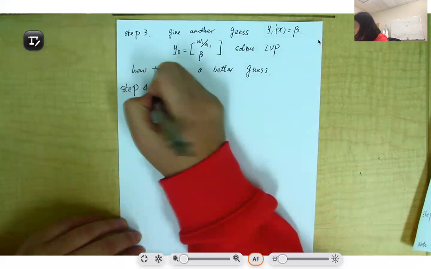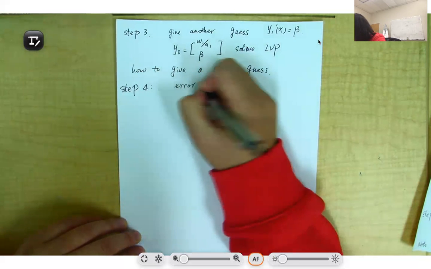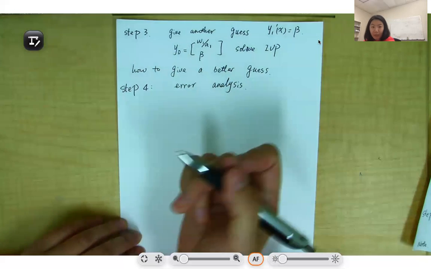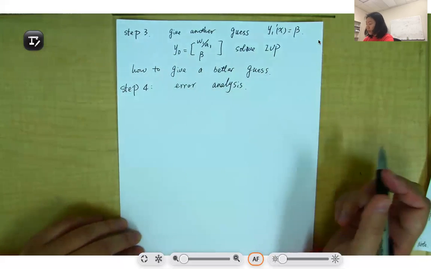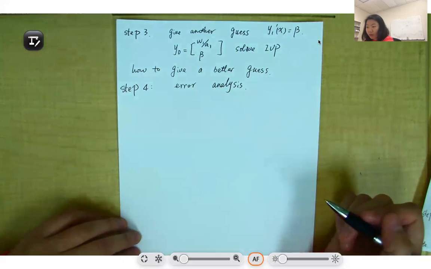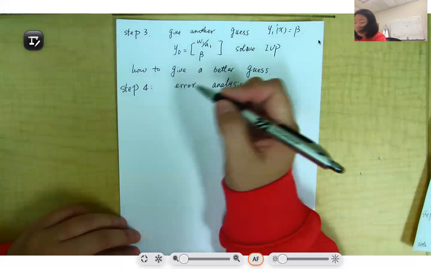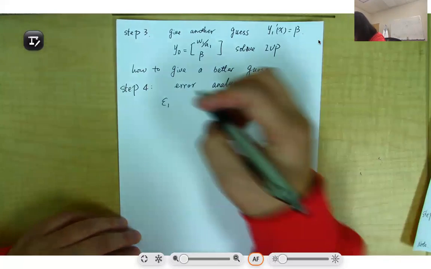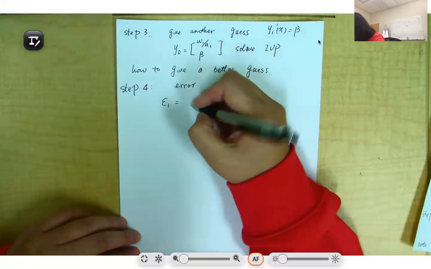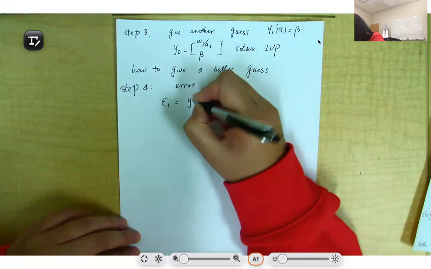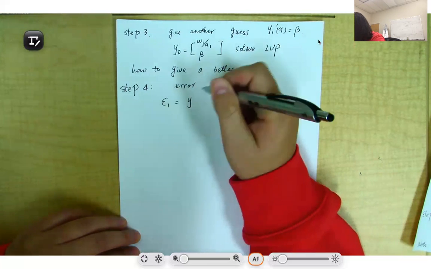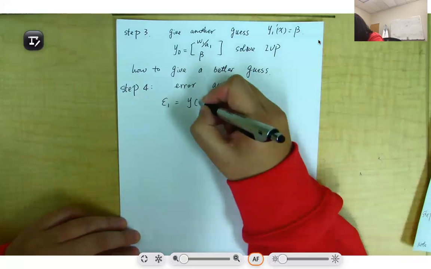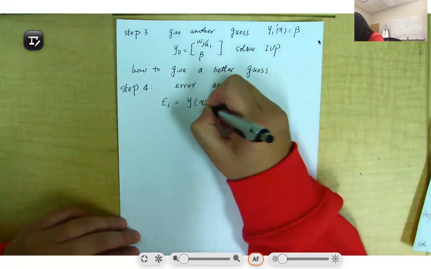We will do an error analysis. From step 2, you have solved the IVP with your initial guess alpha for y1 prime, right? So this is error 1. You use alpha and solve for y at the x2 point.